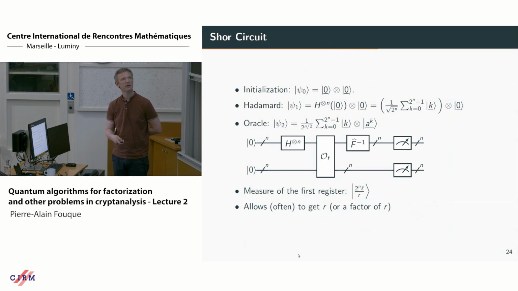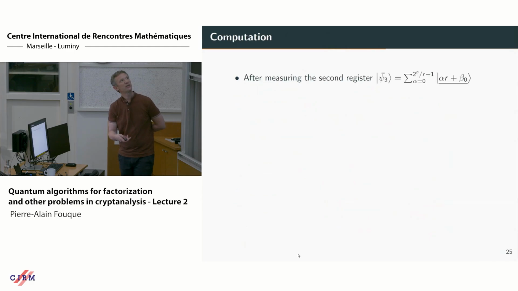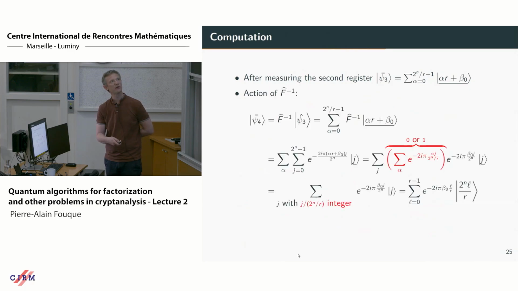Remember that before applying the inverse Fourier transform, the r is in the numerator of the function, and I have not been able to recover it. So after the partial measurement, the state is this one, and then I will apply the inverse Fourier transform.